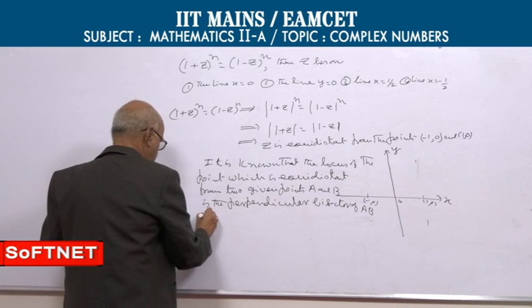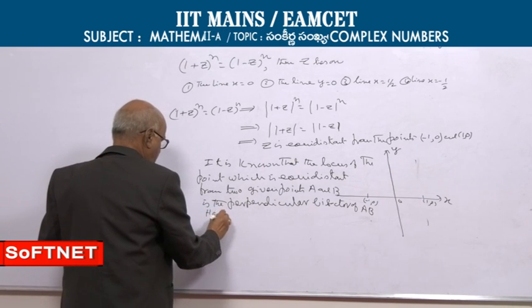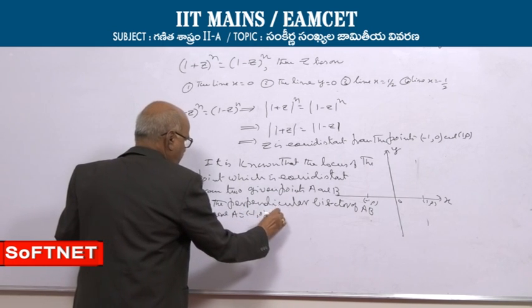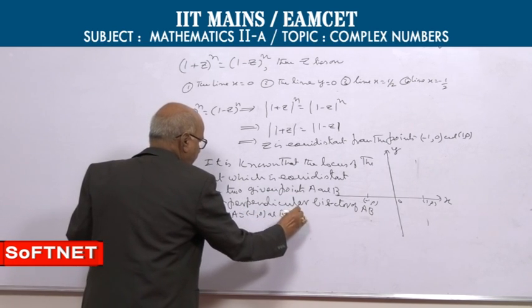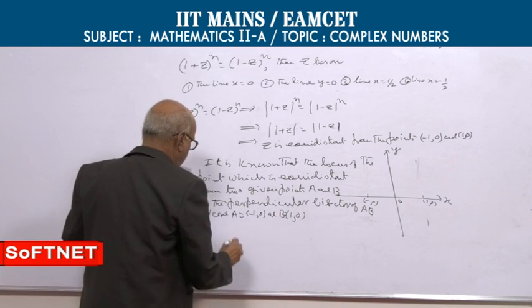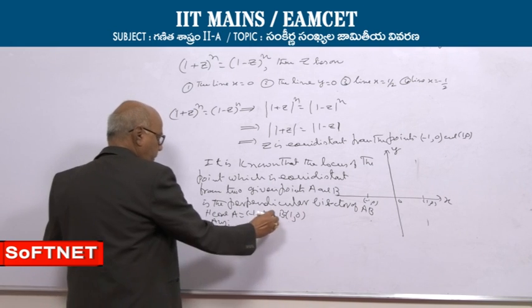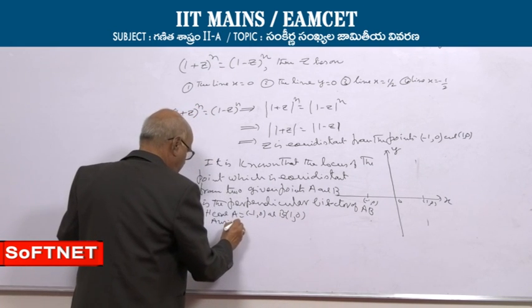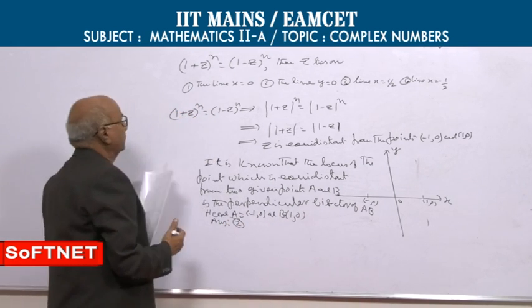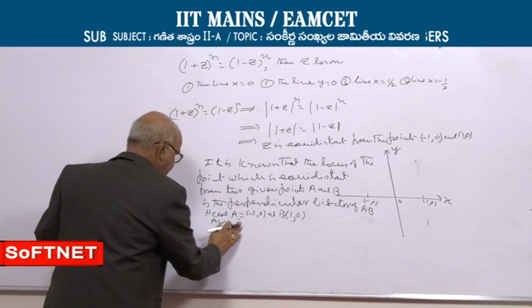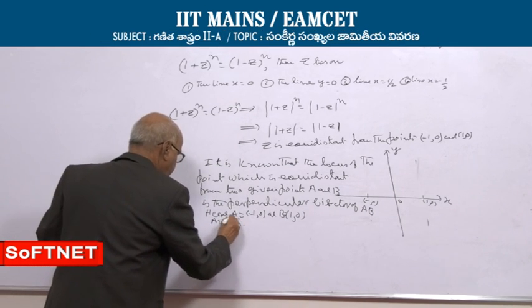So here A is equal to minus 1, 0 and B is equal to 1, 0. So answer option number 2. Sorry, option 1. X is equal to 0.